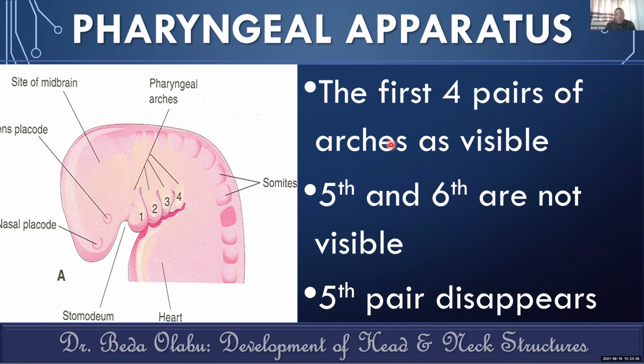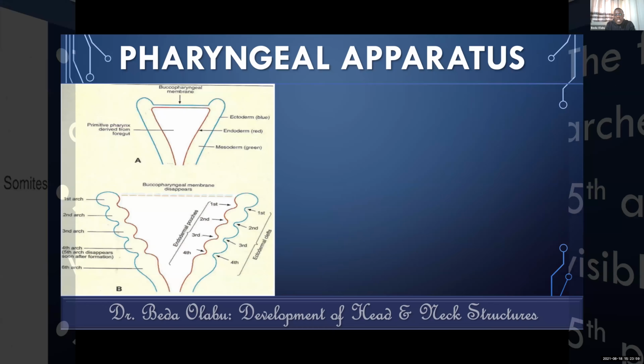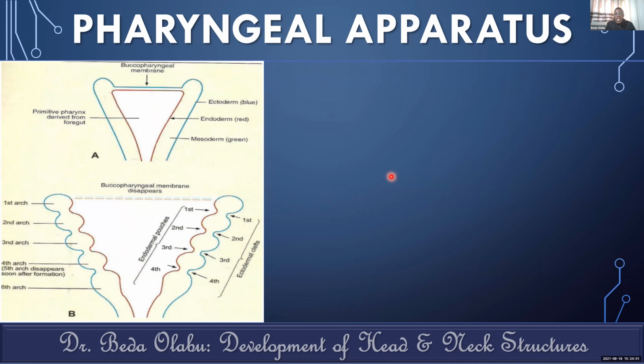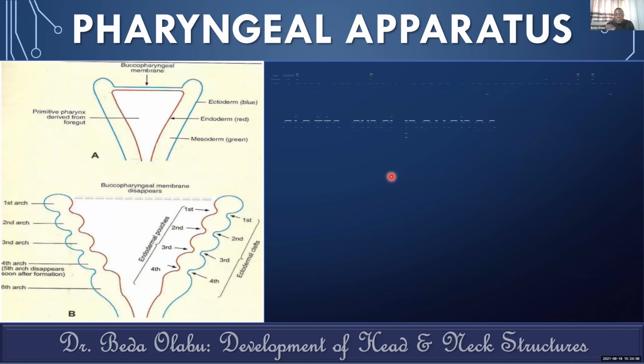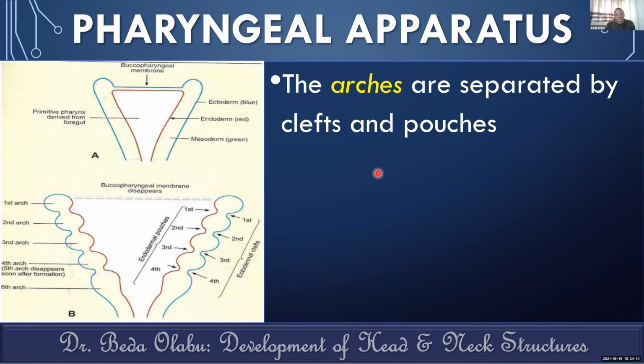Okay, so having mentioned the concept of the pharyngeal arches and that we have a total of 5 of them in humans, but the naming system is as I've told you. Now I can clarify on a number of things that constitute the pharyngeal apparatus. Look at this image.